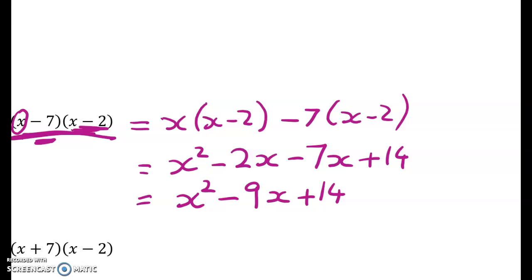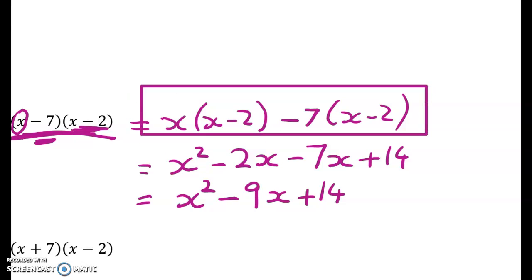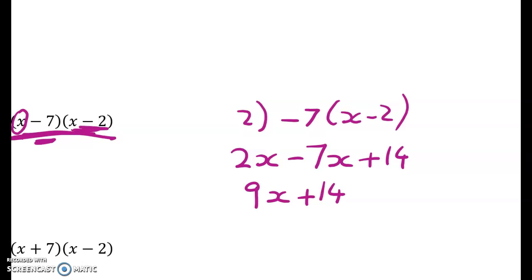But once we get better at that, we don't always have to write all of this out, right? So we want to be able to go a little bit faster than that. So the other way to do this is just to think about that method, but not to write it all out. And either of these approaches are fine, right? So here we know that we have to multiply the x times all of this.